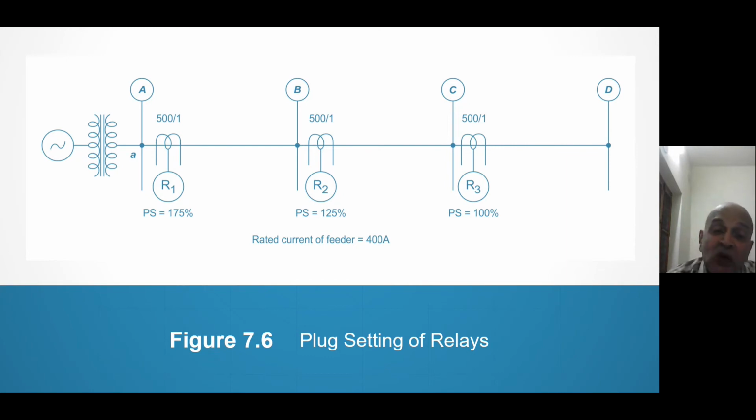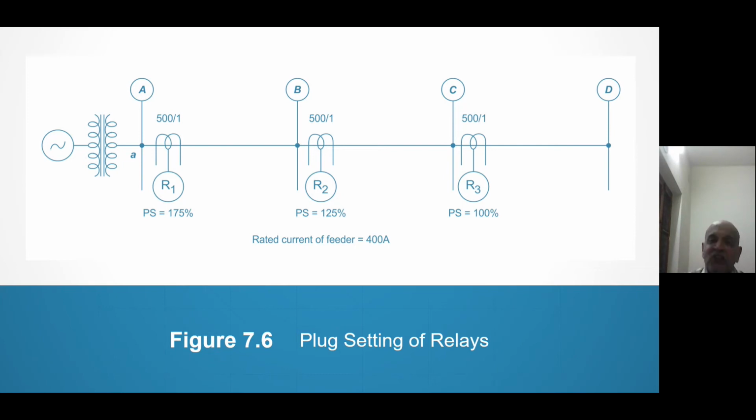If the double line current at D is small, then you will have to set R2 at a lower value. If you set it at a lower value, it will operate for lower values and it will not allow the rated current to pass through.